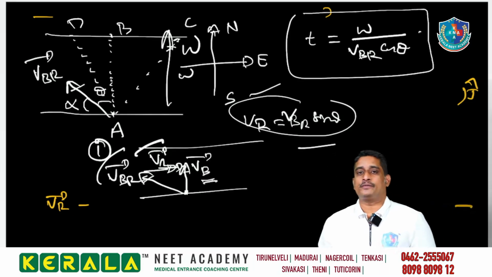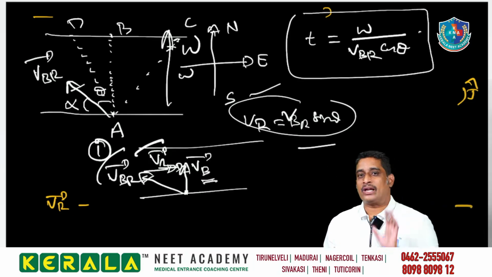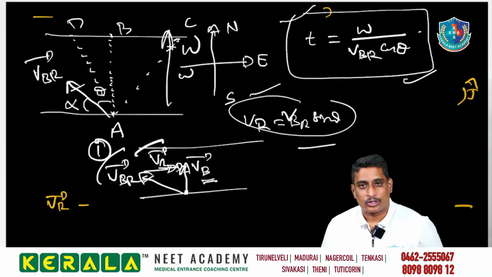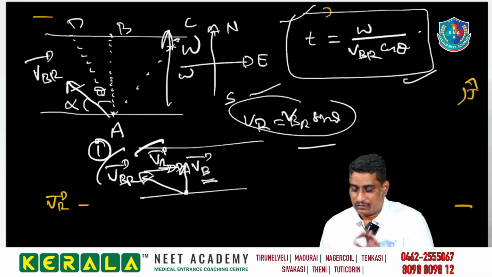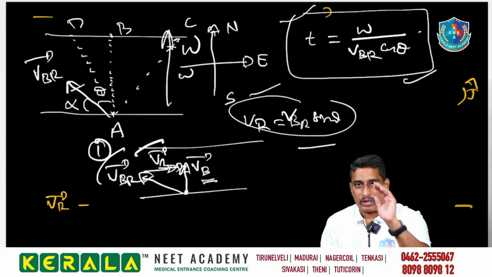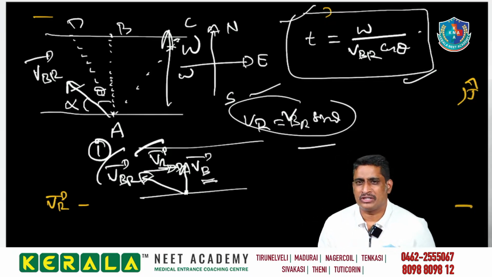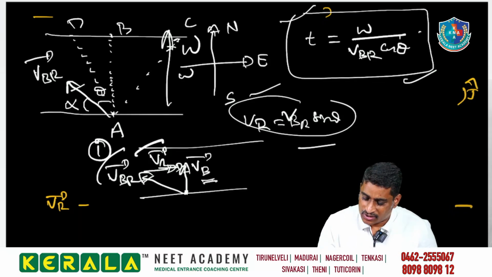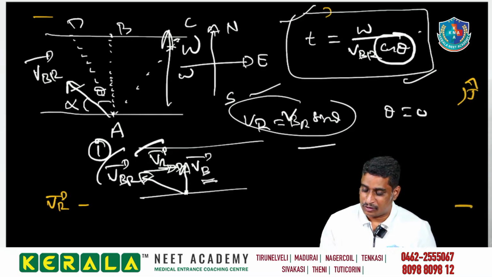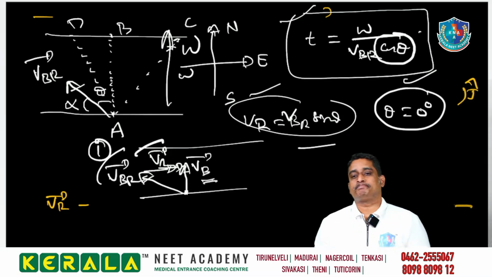Now come to the case of the boat reaching the other bank of the river in the shortest time. The general equation for the time taken by the boat to cross the river we have already seen: T will be equal to W by VBR cos theta. For this time to become minimum, it is very clear from this equation that cos theta should become maximum, and the value of cos theta becomes maximum when theta is equal to 0 degrees.